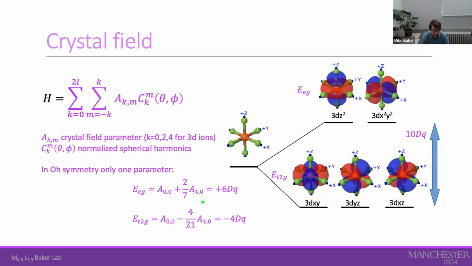And this can be written out as follows. So this is the energy of the eg orbitals and the energy of the t2g orbitals. This is rewritten in terms of Dq traditionally, where the t2g is at -4 Dq and the eg at positive 6 Dq. So that gives us our total 10 Dq splitting.